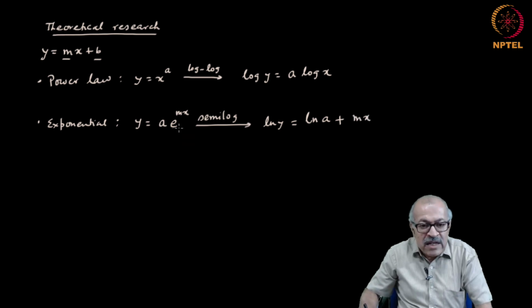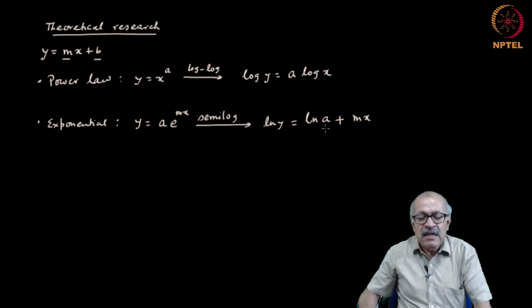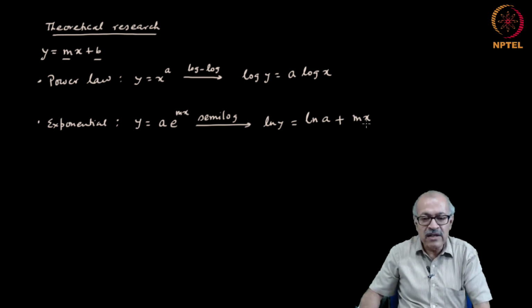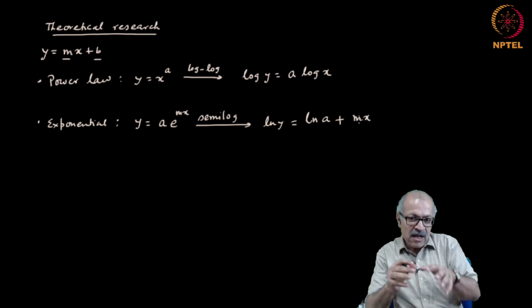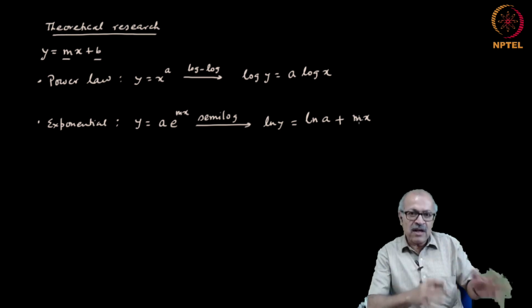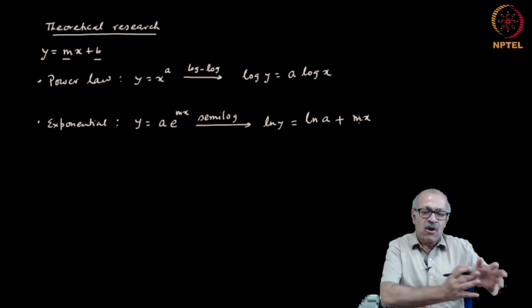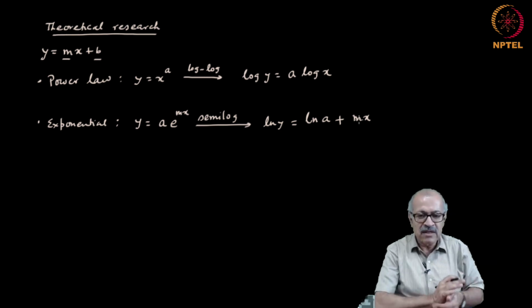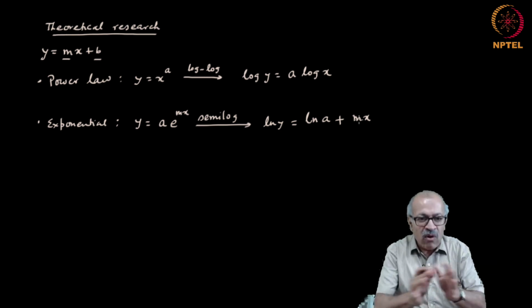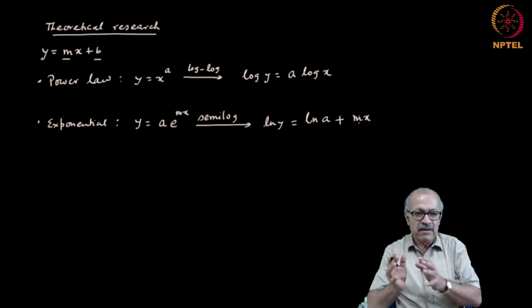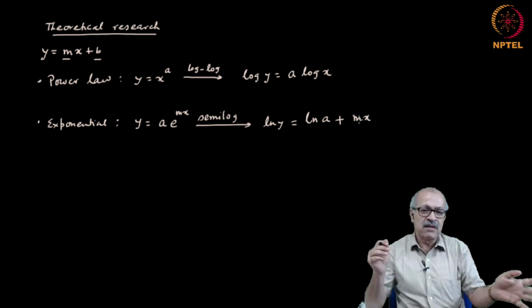Now, because it is e to the power mx, this has to be only the natural logarithm. And if you do that, then you will get again a straight line fit with this representing our B, whatever we have calculated earlier. So, in both these cases, it can be cast in the form of a straight line fit, and the straight line fit can be obtained by the least square method that I have just shown. So, all these forms can be extracted from the same method that I have already illustrated.